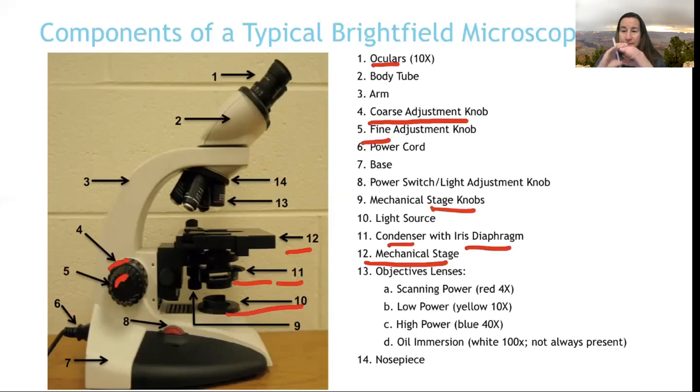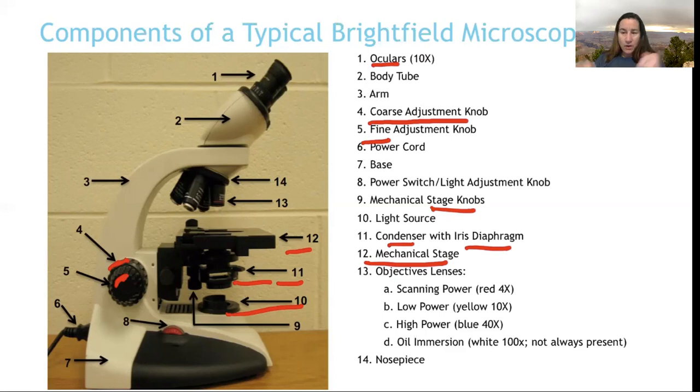So that iris diaphragm, it's just like on a camera, like really old school James Bond, where it can go really narrow, or it can go really broad, really wide. So sometimes when you're in the face-to-face lab and you just cannot get it focused exactly the way you want, sometimes if you mess with the condenser and the diaphragm, that helps. If you change the amount of light coming through, that can help. That can increase contrast, and you can finally see the object that you're looking for. So don't forget that condenser and the diaphragm is underneath there.